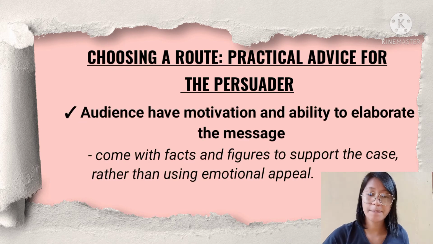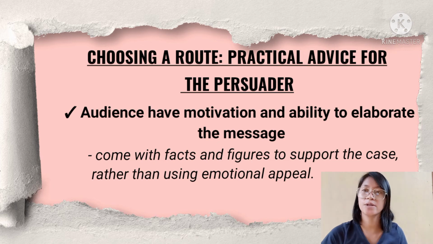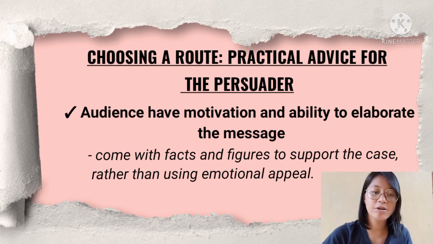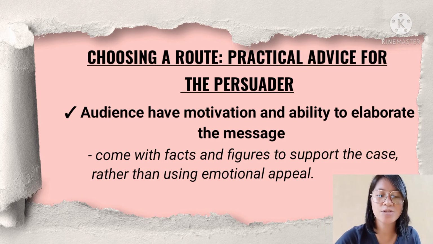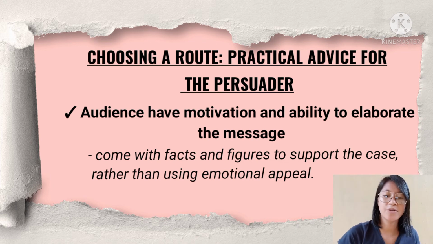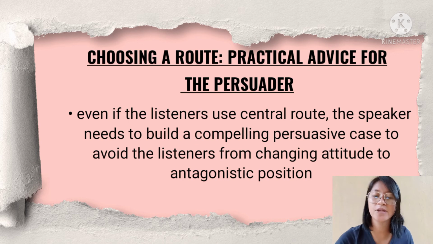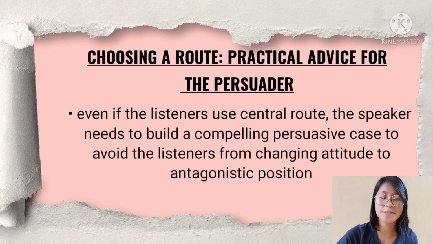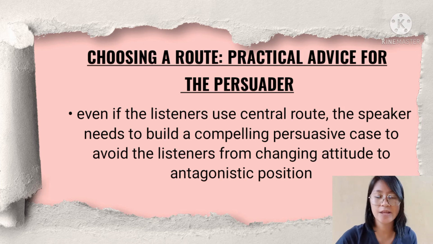And if the speaker determines that his or her listeners have the motivation and the ability to elaborate a message, the speaker should come with facts and figures to support his or her case, rather than using emotional appeal. So even if the listeners use the central route, the speaker still needs to build a compelling persuasive case to prevent the listeners from changing their attitude to an antagonistic position.